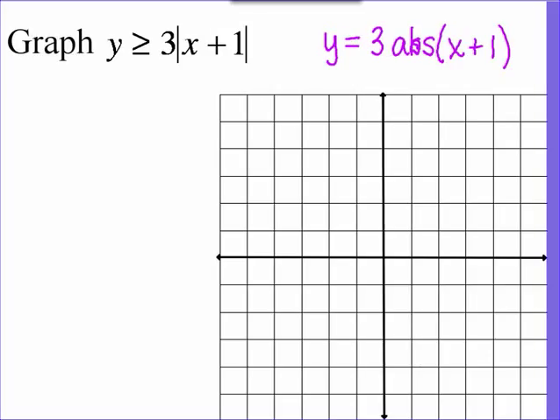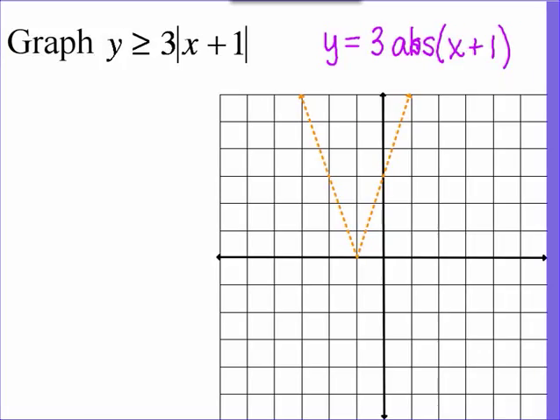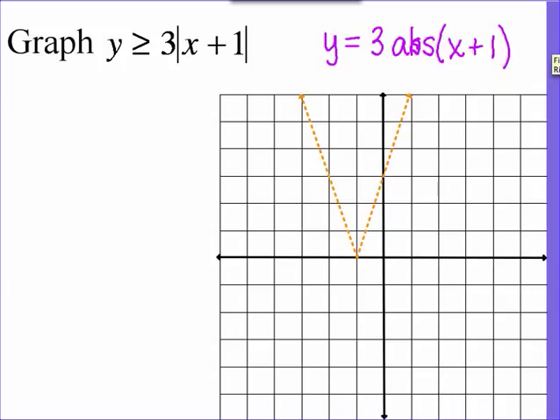I'm actually going to graph it shortly, what you should end up getting. Oh, what did I do wrong? I shouldn't have done that. There we go. That's what we should have.